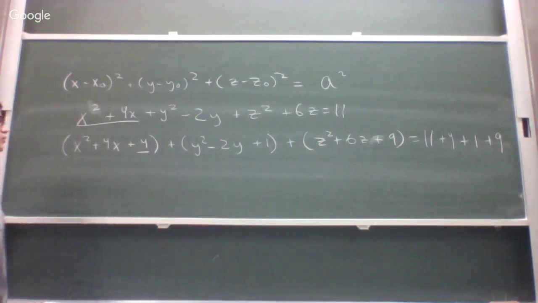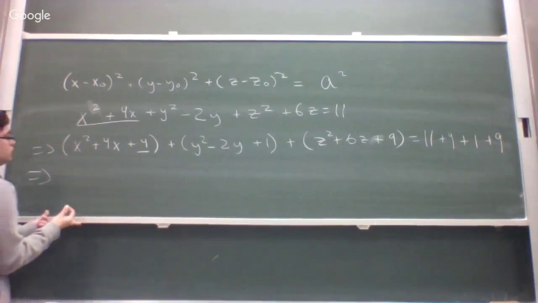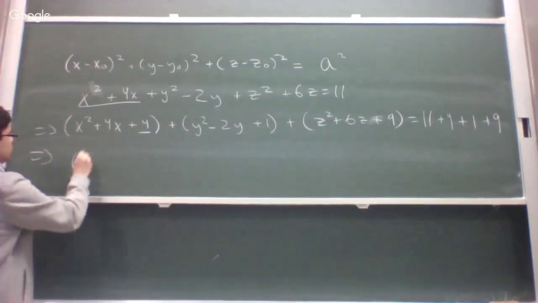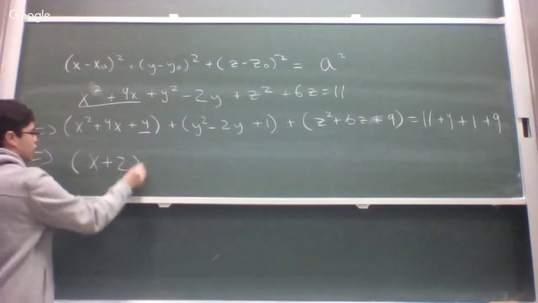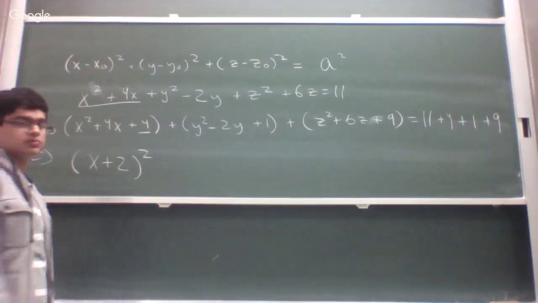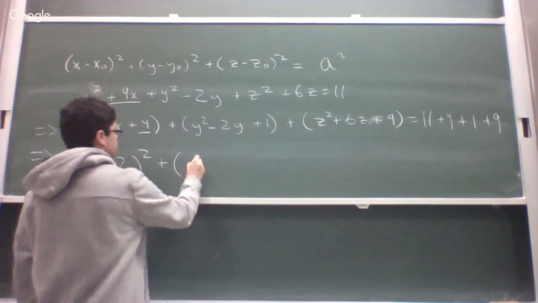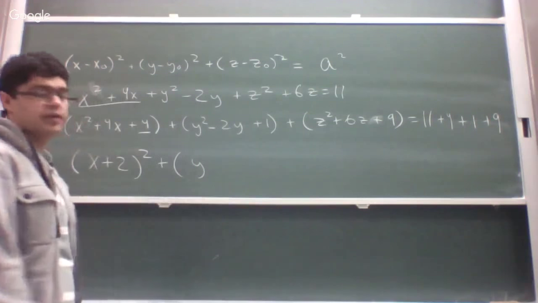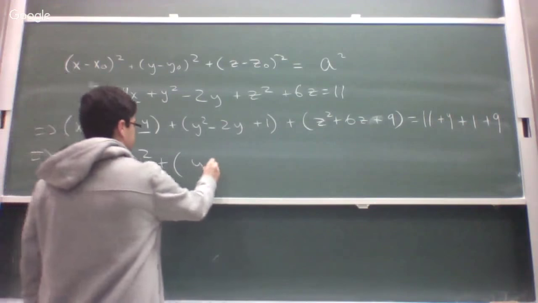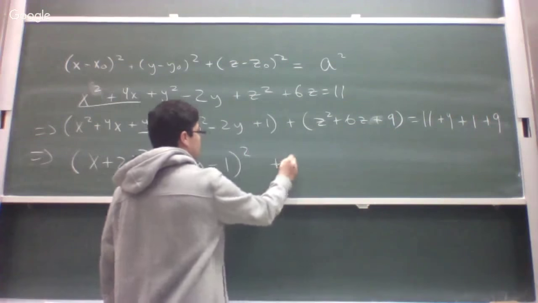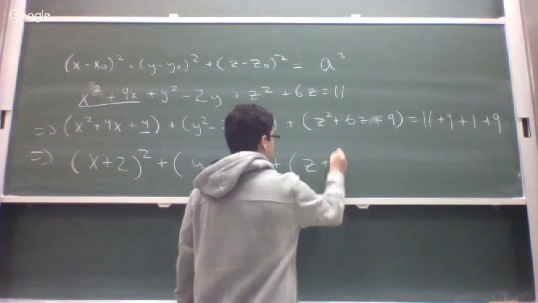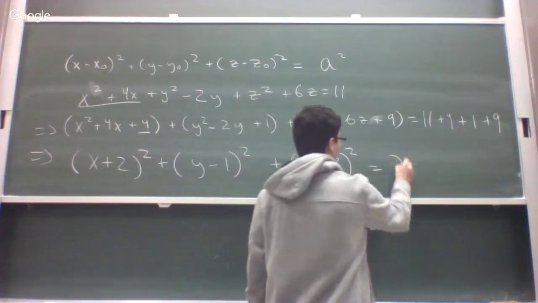Okay. We rewrite it as x plus 2 squared plus y minus 1 squared plus z plus 3 squared. That's equal to 25.